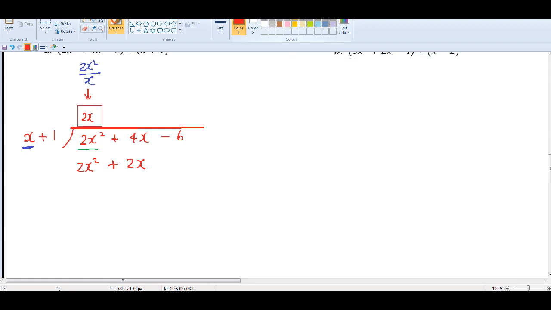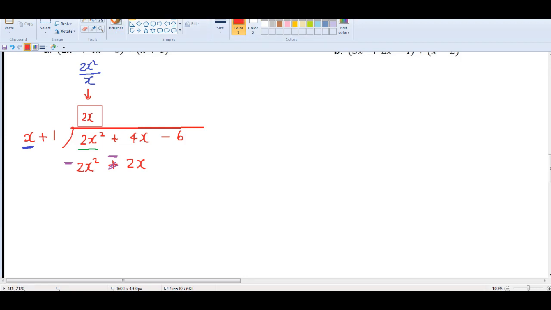So let me give you one way to avoid the mistake. After you get the new line by using 2x times x plus 1, change the sign of the new line you just created. Here 2x squared is plus, so now I change it to minus. That 2x is plus, but now I change it to minus.